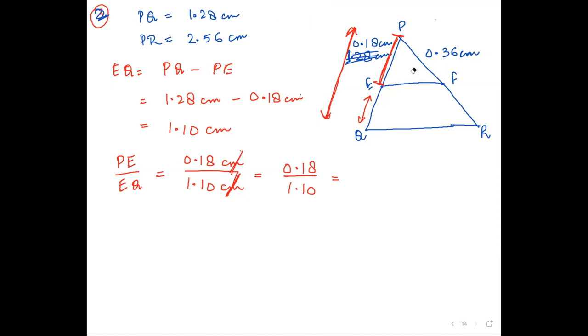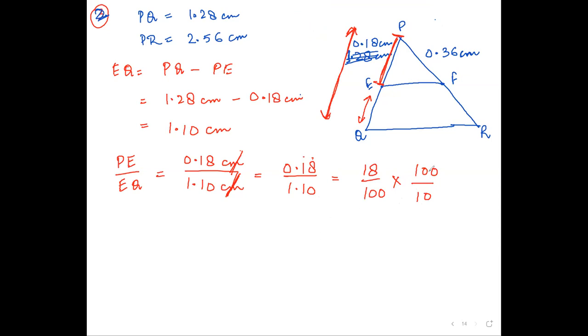All right, so that centimeter is gone and only numbers have remained now. How to solve it? The first step is to remove the decimal. After two numbers you have a decimal, so this 18 will be divided by 100. Similarly, in the denominator you have 110, and it will be divided by 100, since after two places you have a decimal.